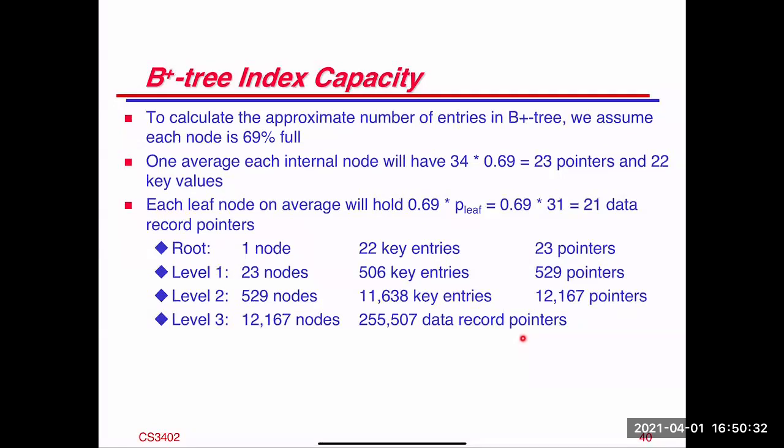So if I construct the B tree, I will need more than 3 levels to access this many data record pointers. Okay, so my search time will be increased, right? Because I need to access more blocks because I have more levels. So that's why in practice, most of the times we will use B plus trees. Okay, so B plus trees are more effective.